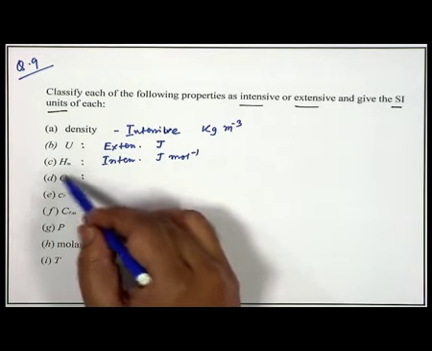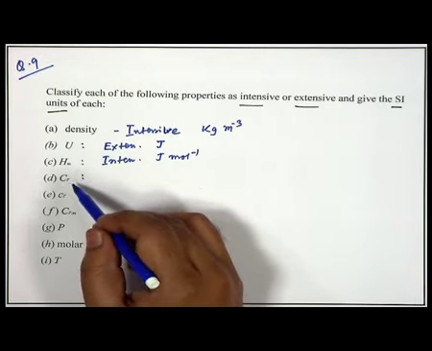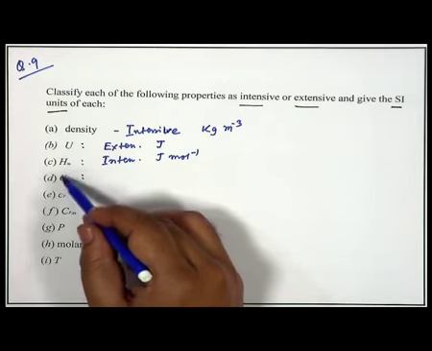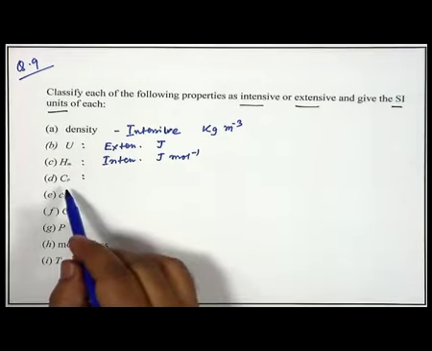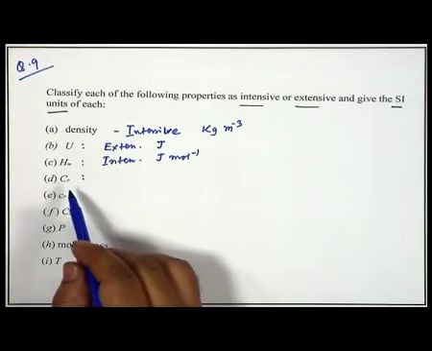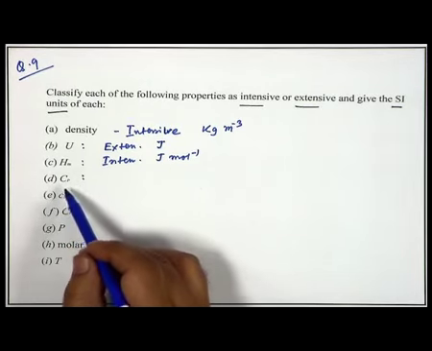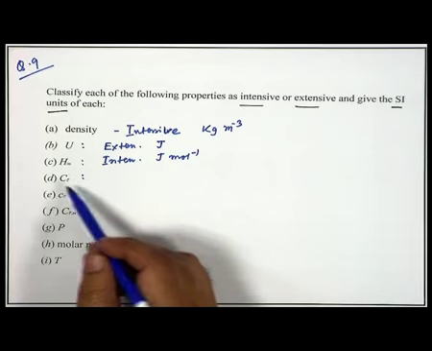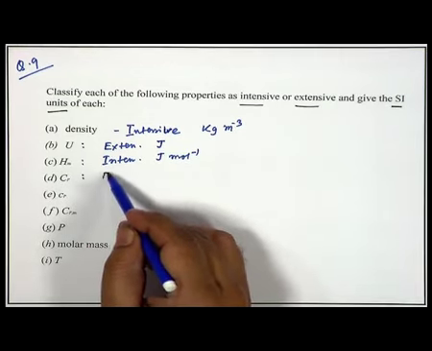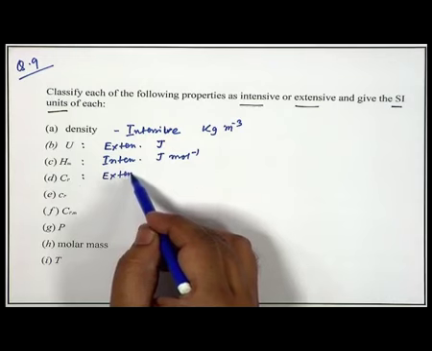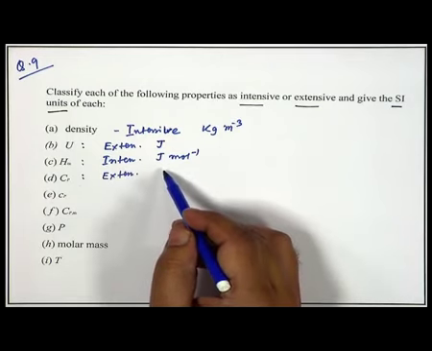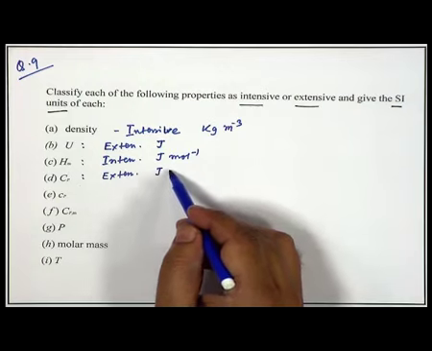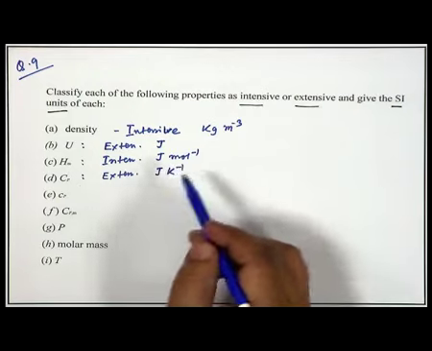Cp is a heat capacity at constant pressure. Now, it is a capital letter, as you can see, an uppercase letter. So, it is a heat capacity, not molar heat capacity or specific heat capacity. So, it depends on the size of the system. The higher the mass, the higher will be Cp. So, it must be an extensive quantity, and it is energy per Kelvin, per degree rise in temperature.